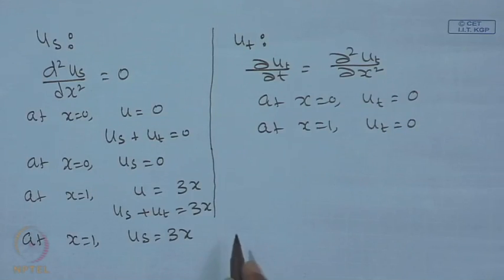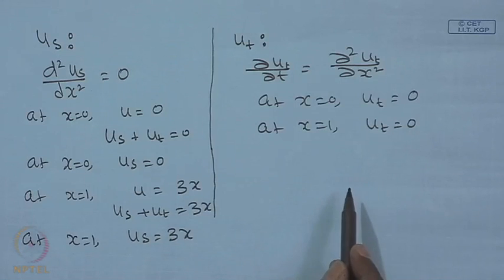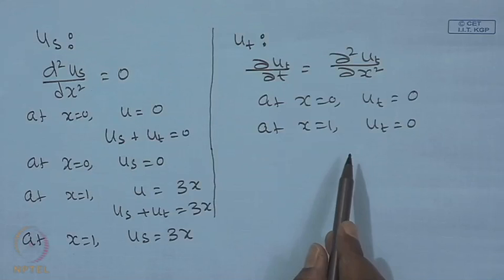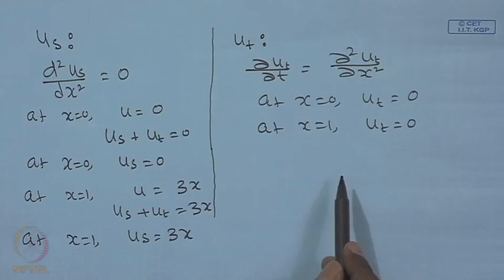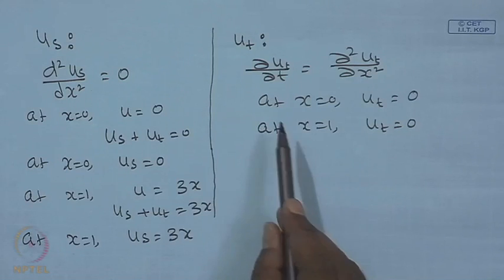So, what we did here, we associated the non-homogeneous term with the steady state solution, and so the u_t becomes homogeneous. Why did we do that? We did that intentionally, because we would like to have a standard eigenvalue problem or a well posed problem in the u_t form.